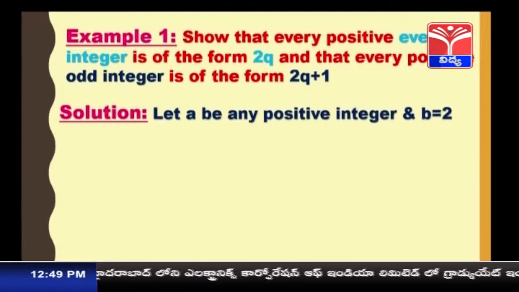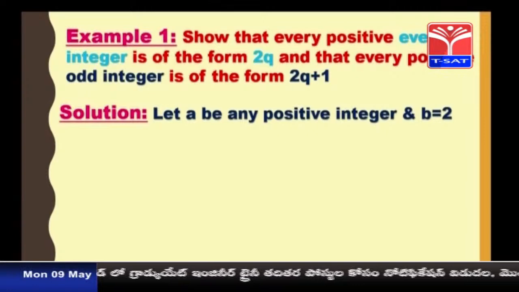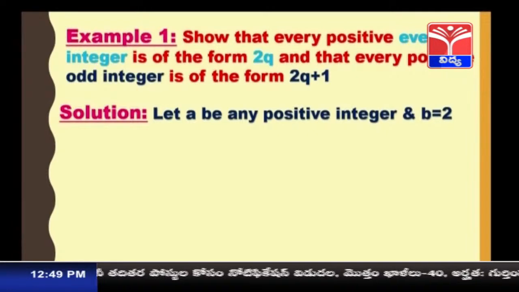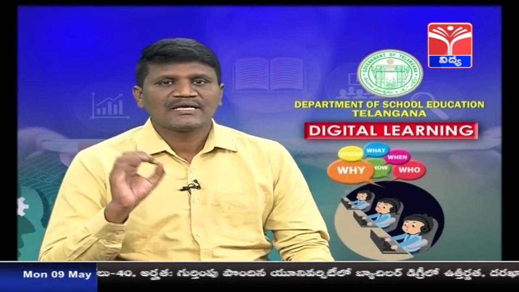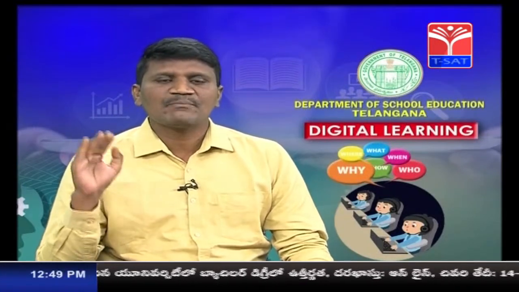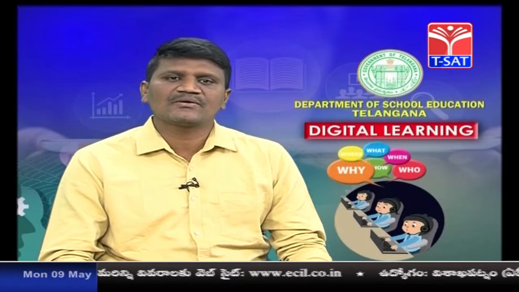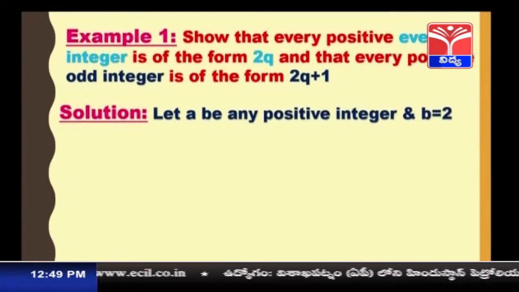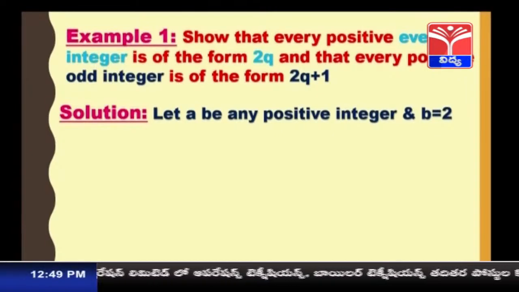If the question is given as a equal to bq plus r, the coefficient of q will always be my b. Suppose the question is given as 3p plus 1, then I should consider b equal to 3. If it is given as 9m plus 1, then b is equal to 9. In this case b is equal to 2, because in my question every positive even integer is of the form 2q and every odd integer is of the form 2q plus 1.